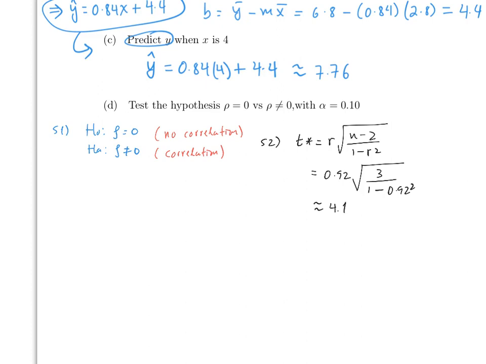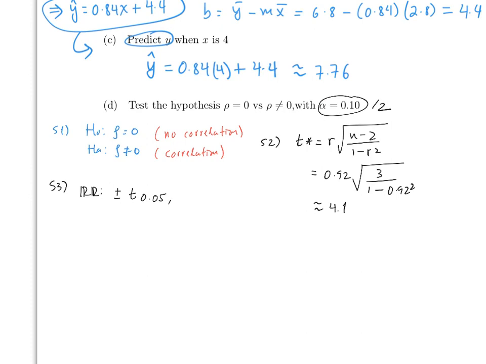Okay, so then step 3, we need to find the rejection region. This is the t table, so it's the same t that we did in 9.1, 9.3, so in chapter A. So the rejection region will be plus or minus t of 0.05, because it's alpha divided by 2.